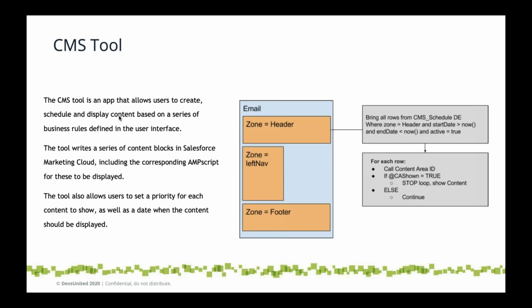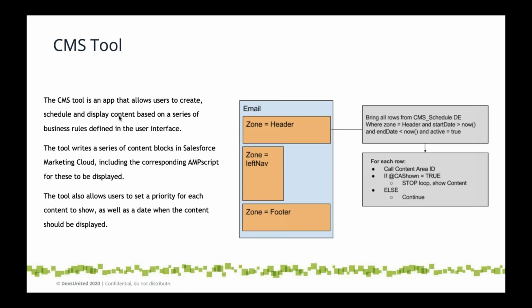It's an app that allows users to create, schedule, and display content based on a series of business rules defined in a user interface. So what the tool does is, when the user creates this content in the tool, it writes a series of content blocks in Salesforce Marketing Cloud, including the corresponding AMPscript for this to be displayed or not.